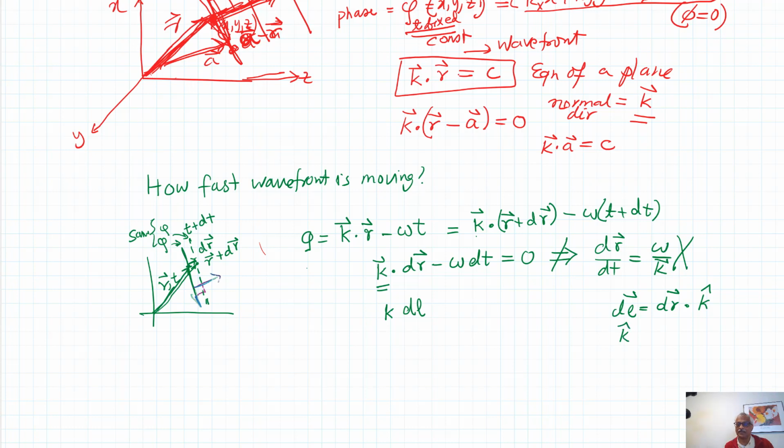K hat is k divided by the magnitude of k. All right, so dl, not vector here, dl. So I'm in the direction, so this distance is dl, not dl vector but the dl, minus omega dt equal to 0. Now dl over dt will be with what speed my wavefront is moving, and this is omega over k.